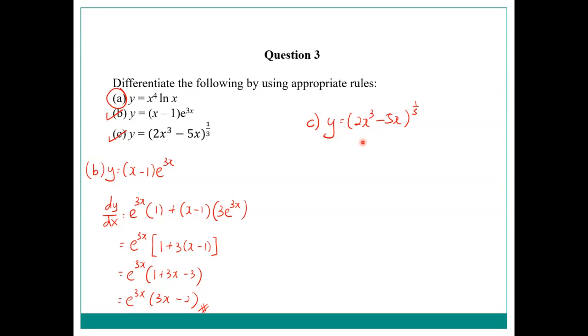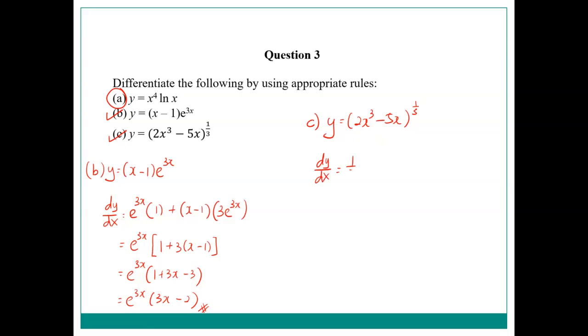The answer is no. We must apply the chain rule because we have something to the power of something, right? So chain rule says the power bring to the front, power minus 1, then later we differentiate the inner function, right?